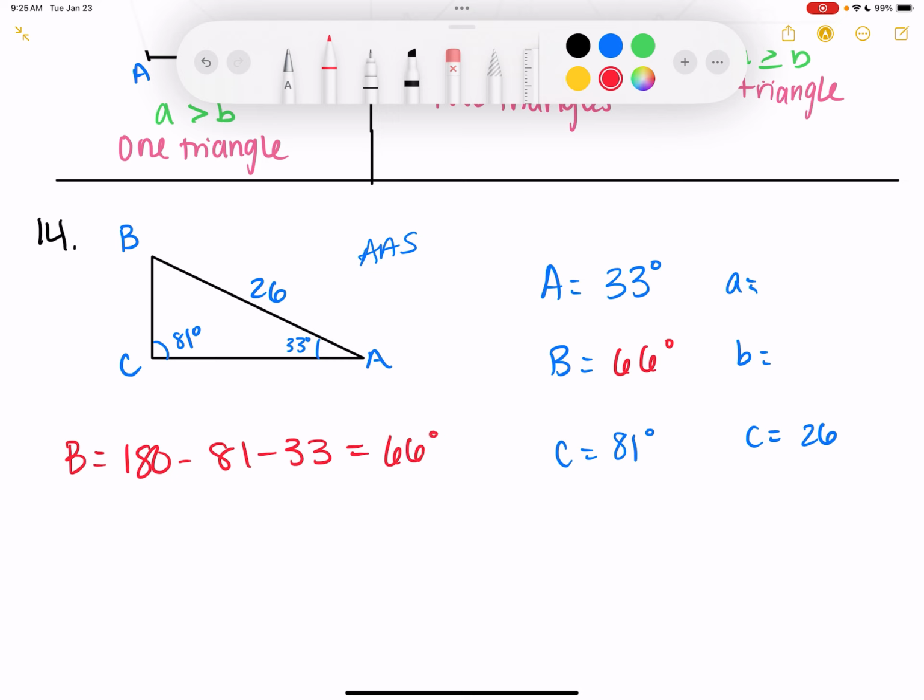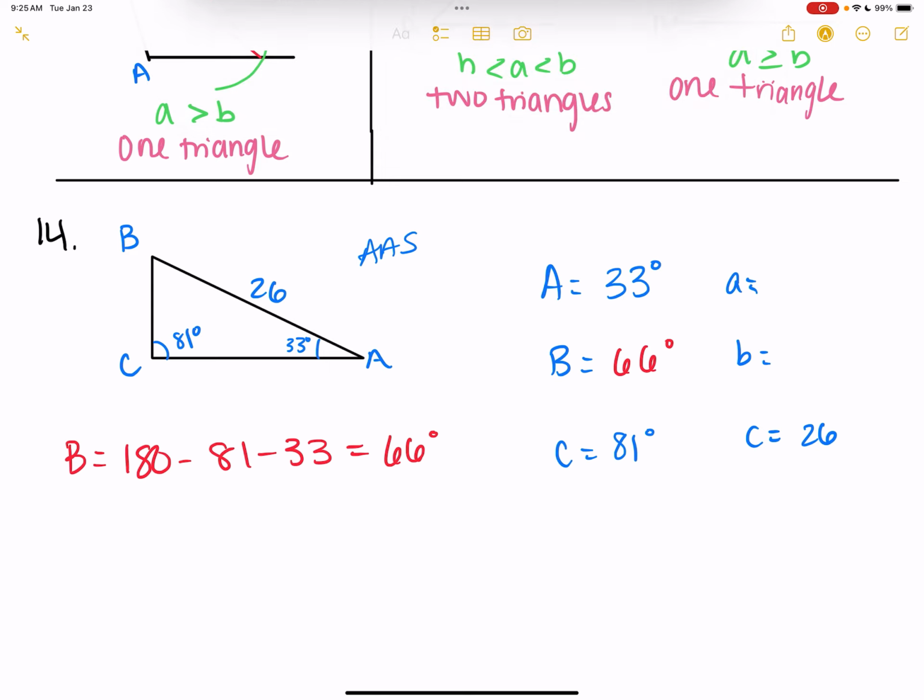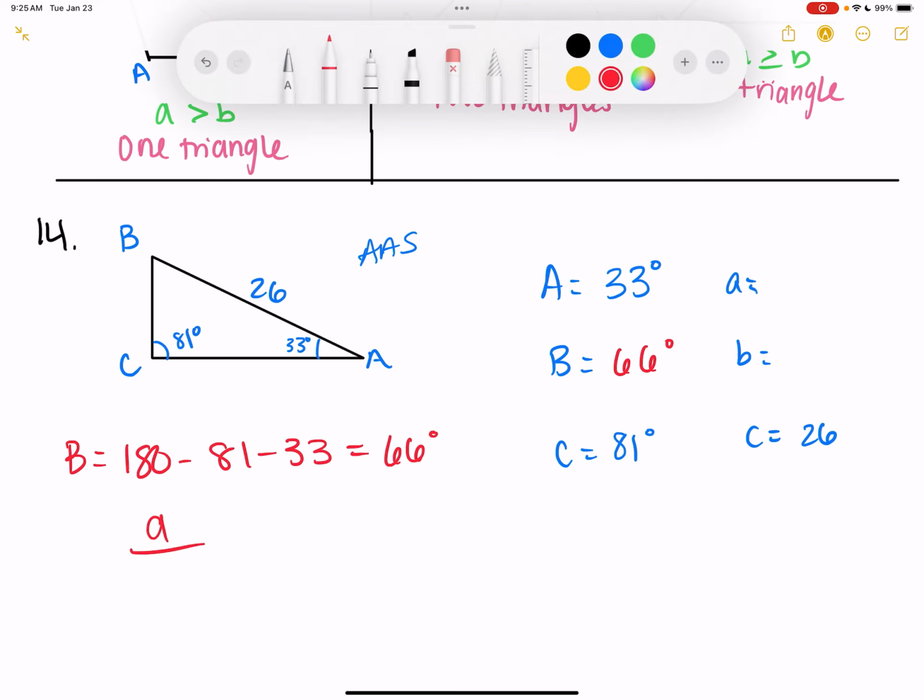So now I need to find the other two sides. Which one do you want to do first? It doesn't matter. A or B? A. Alright. So A over the sine of 33, and I'm just going to reiterate, make sure you're in degree mode, equals 26 over the sine of 81.